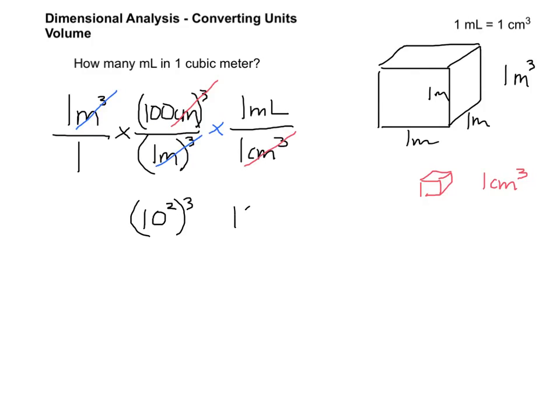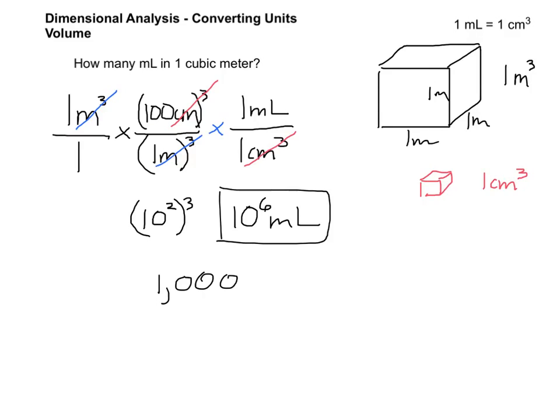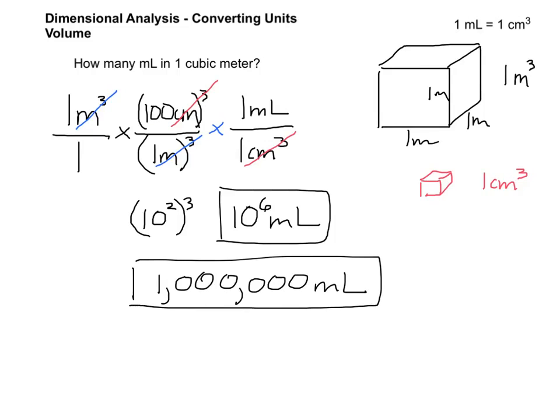That gives us 10 to the sixth. And the unit is milliliters. So, what that means is that there's 1,000,000 milliliters in 1 meter cubed, or 1 cubic meter.